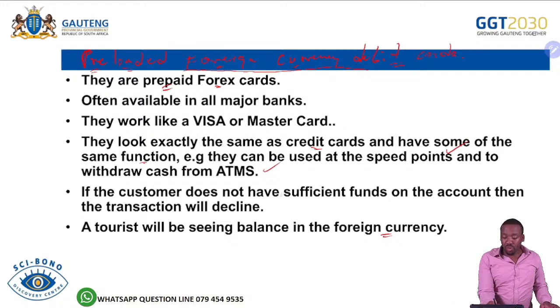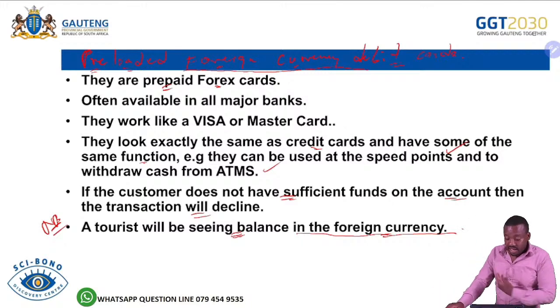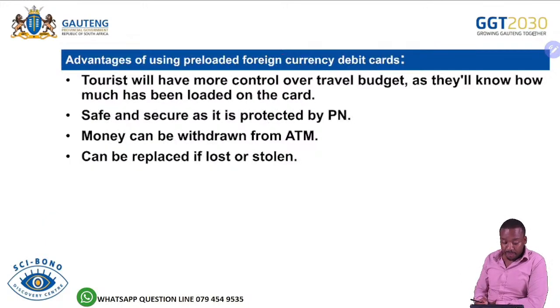Obviously, if you do not have sufficient funds on the account, then the transaction will decline. And above all, a tourist will be seeing the balance in the foreign currency, meaning the currency of the country that you are visiting. And you need to load cash time and again.